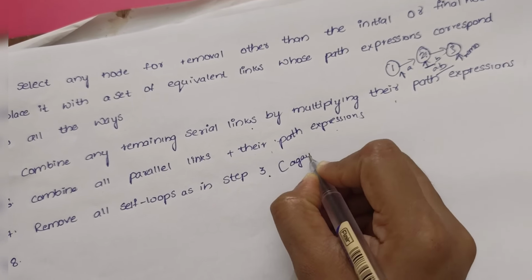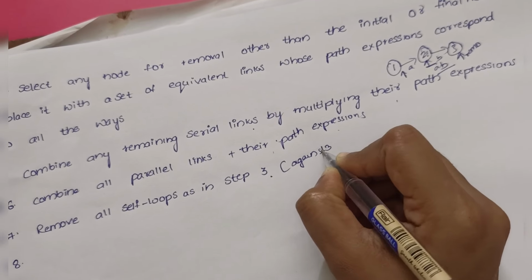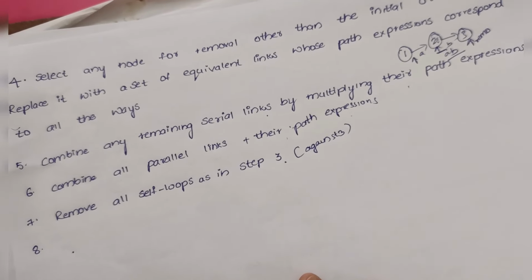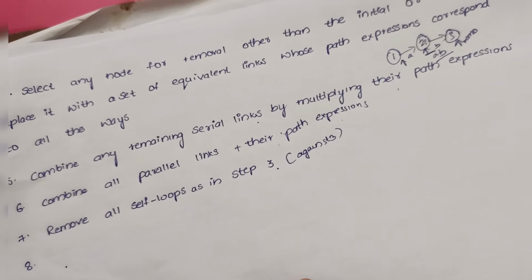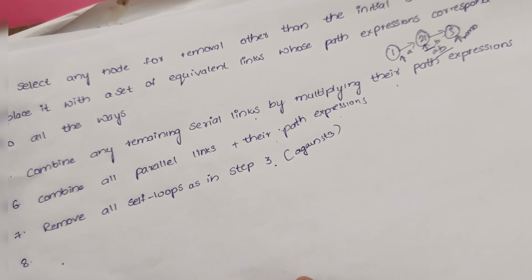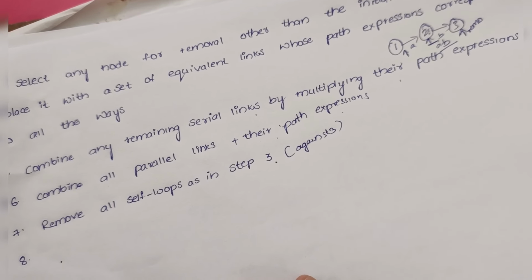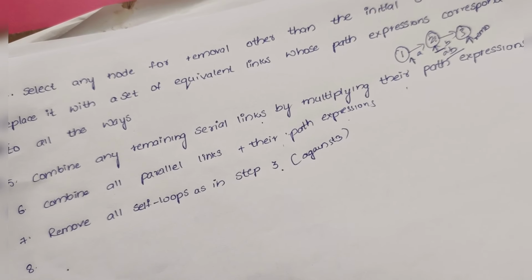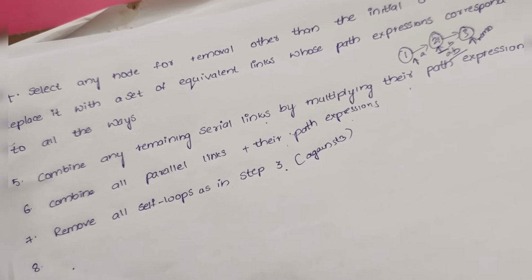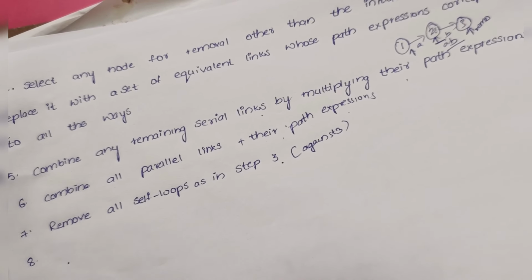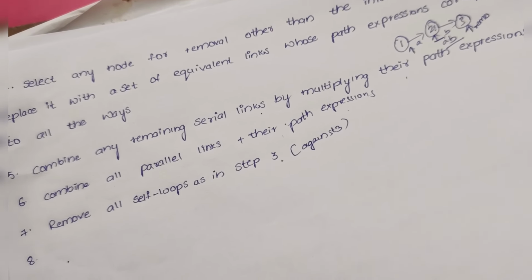Again proceed with step 4. And the last step is that if the graph consists of a single link between the entry node and the exit node, then the path expression for the link is the same.